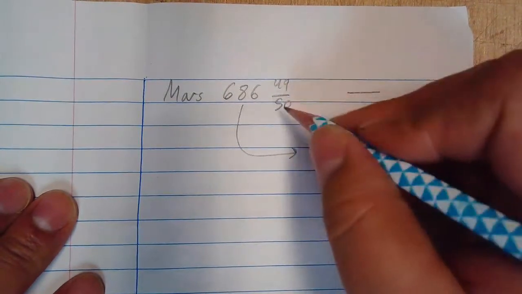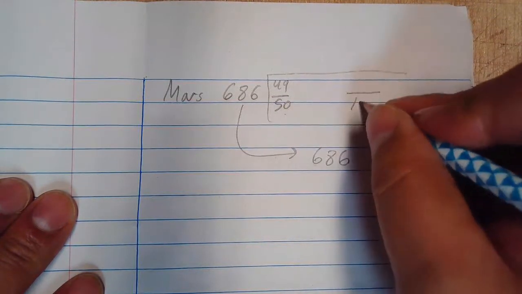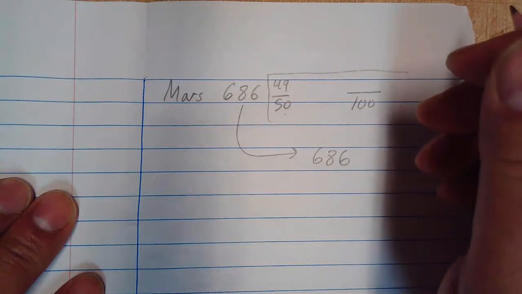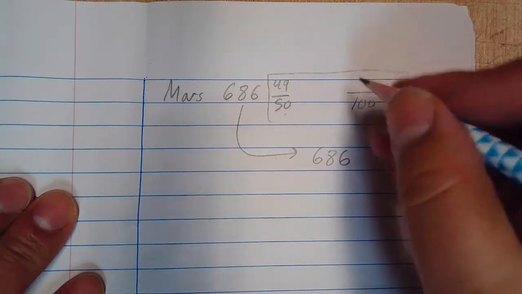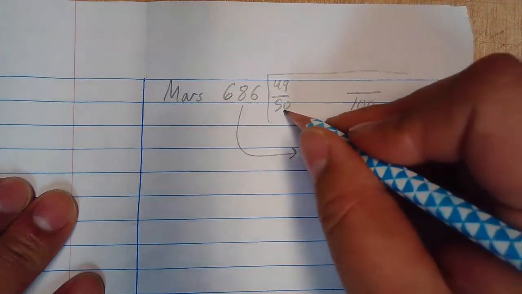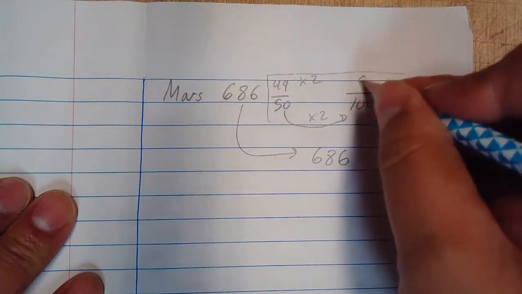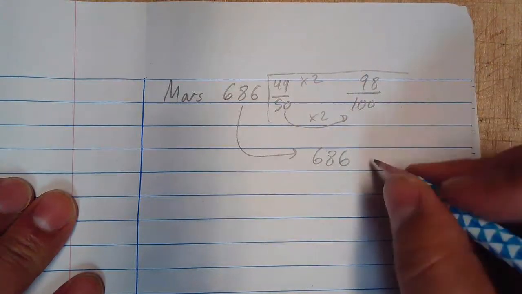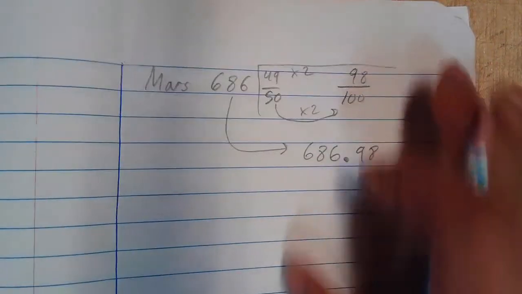Let's work with this. All right, 50. I know I can scale it up to a power of 10, which is 100 times 2. Do the same thing there. 98 hundredths. Done. All right.